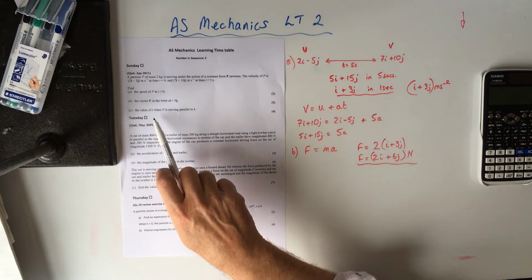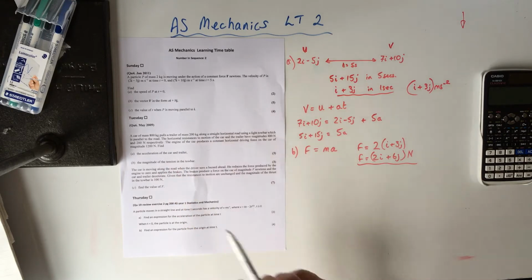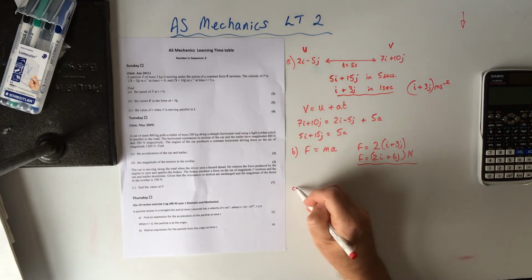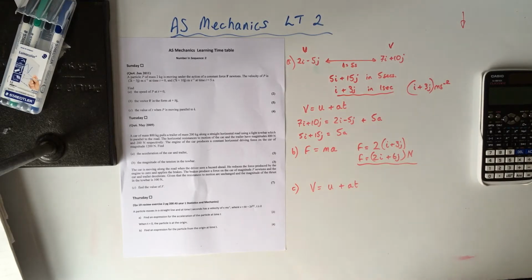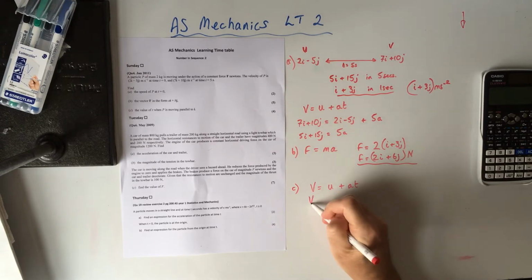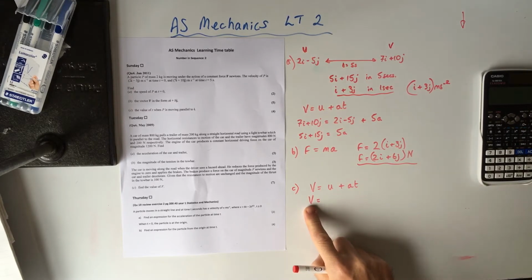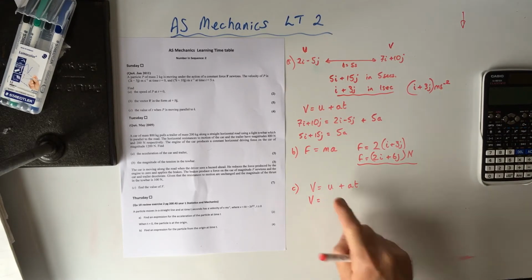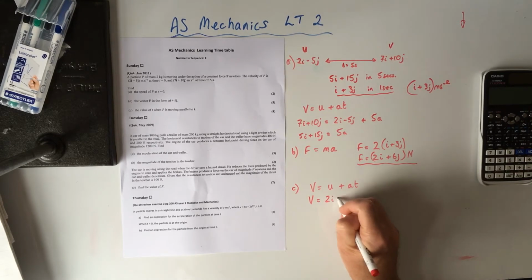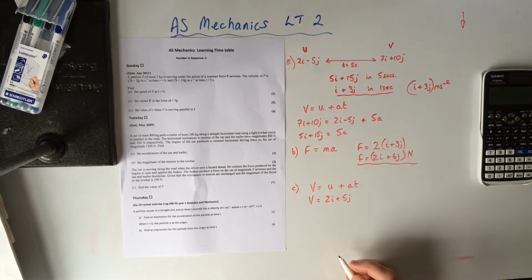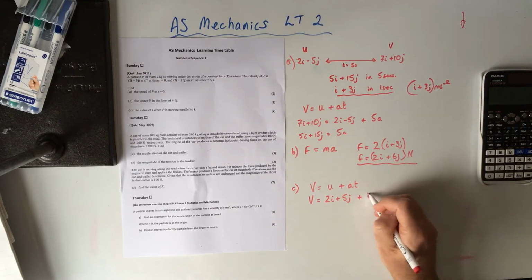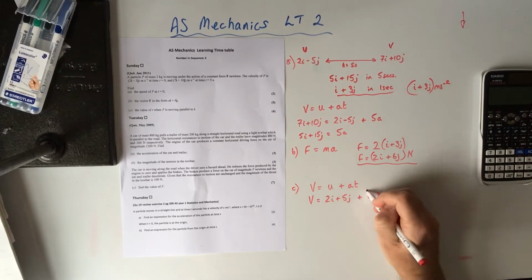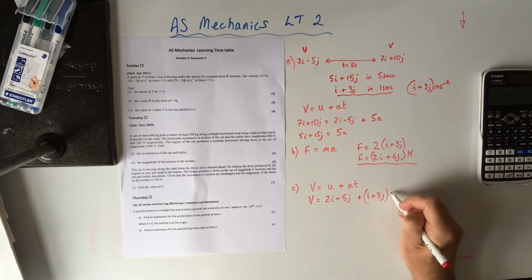So the value of t when P is moving parallel to i. So if we go back to v equals u plus at, okay, let's say we're not sure on the velocity, but we know that it starts off with 2i plus 5j. That's the initial velocity, and it has an acceleration of i plus 3j and times t.